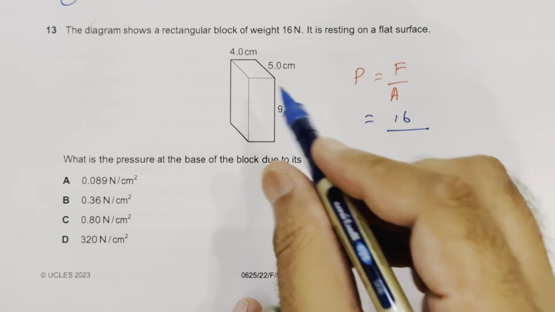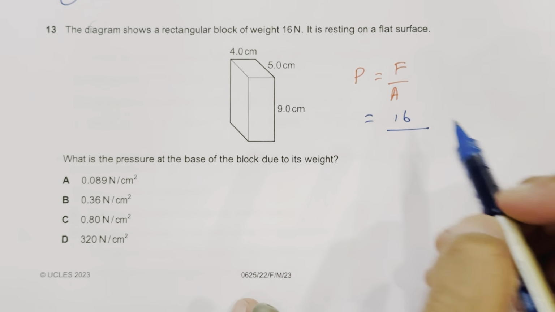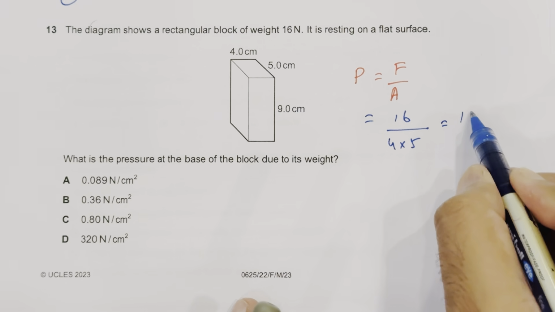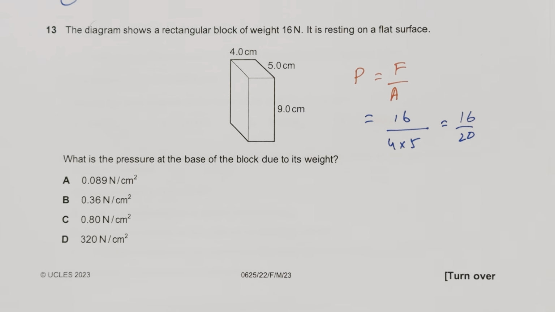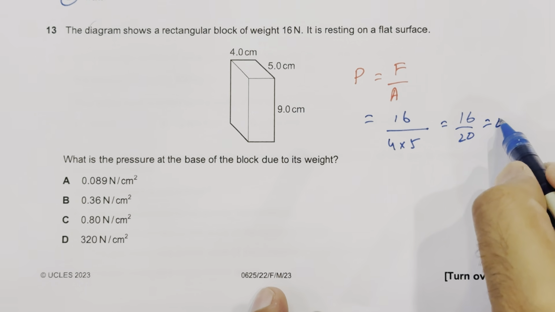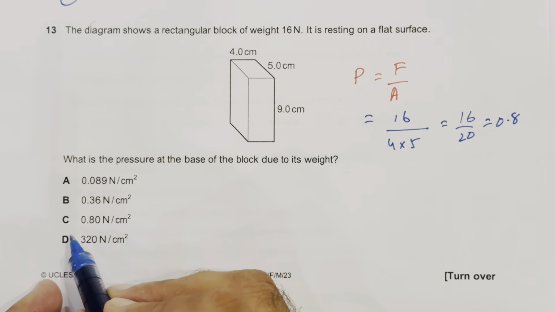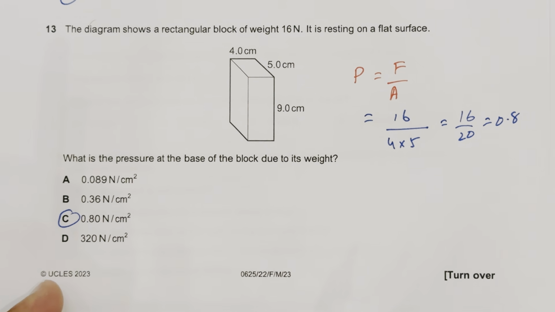So we're going to use this formula 4 into 5 to calculate the base area. After solving it, 16 by 20, we're going to get the answer 8 by 10. Then 8 by 10 would be 0.8. So option number C is the correct answer for question number 13.